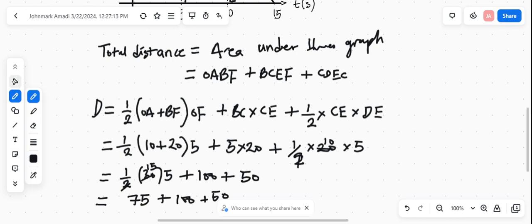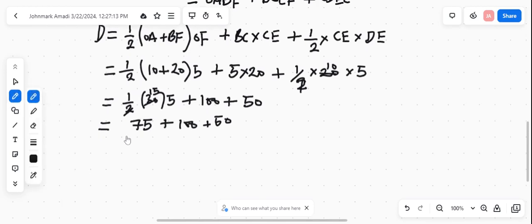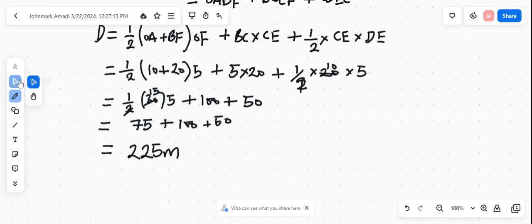Are we there? Yes, we are. 50 plus 100 is 150, plus 75 that will be 225. 225 meters. So the total distance covered by that body is 225 meters.